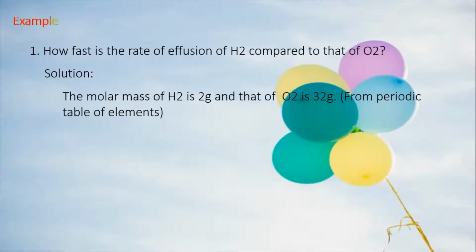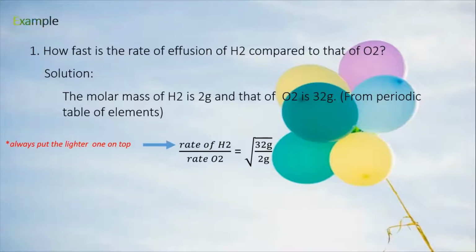So, solution: the molar mass of H2 is 2 grams and that of O2 is 32 grams. Actually, the molar mass of oxygen is 16, and since we have 2 here, 16 times 2 is 32 grams, based on your periodic table of elements. Following the equation, we have rate of H2 over rate of O2 is equal to the square root of 32 grams over 2 grams.